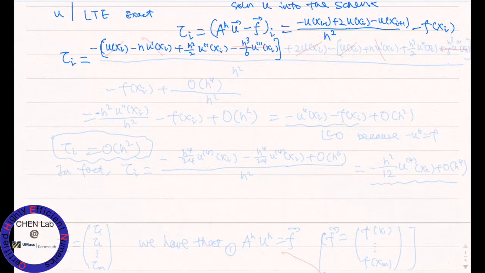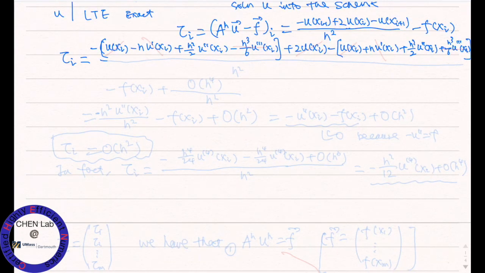all right, plus 2u(xi), right, minus another expansion, so this u(xi plus 1), this is u at xi, plus h u prime at xi, plus h squared over 2 u double prime at xi, right, plus h cubed over 6 u triple prime at xi.